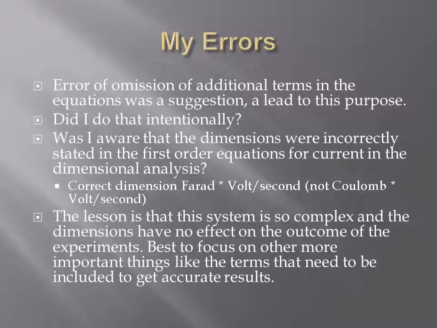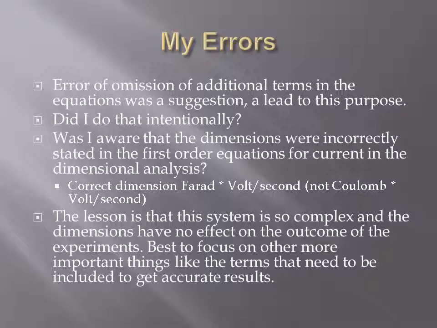So the lesson that we have learned is that the system is so complex and the theory is so complex that an error in the dimensions really has no effect on the outcome of the experiments. The dimensions do not play a role in the experiment, and they only become important when we talk about specific subjects or in specific types of conversations.